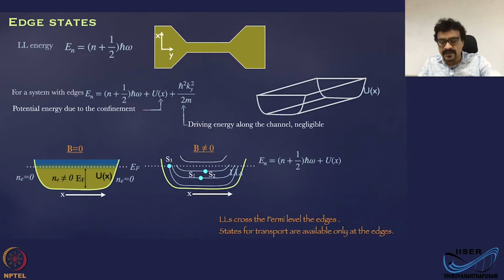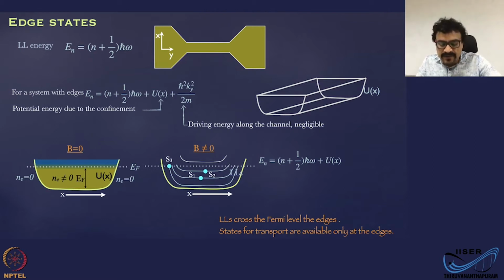Now, the energy of this electron which undergoes cyclotron motion, which we already discussed, is (n + 1/2) ħω. That is the energy of a harmonic oscillator with a quantum state n. All right.